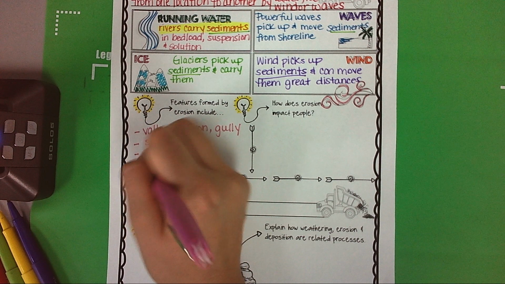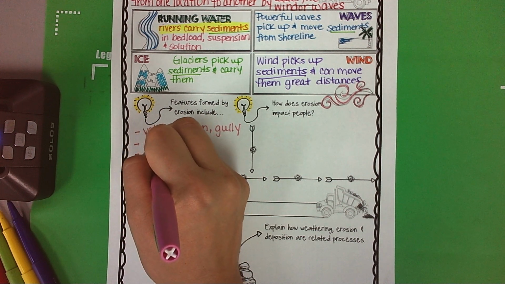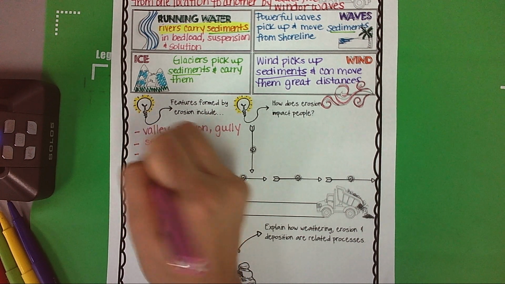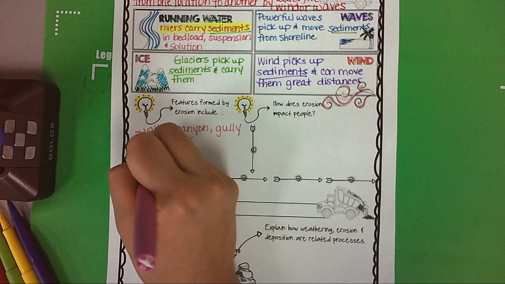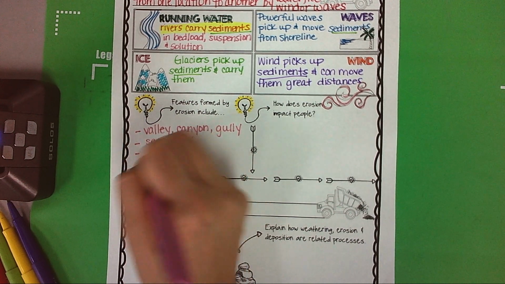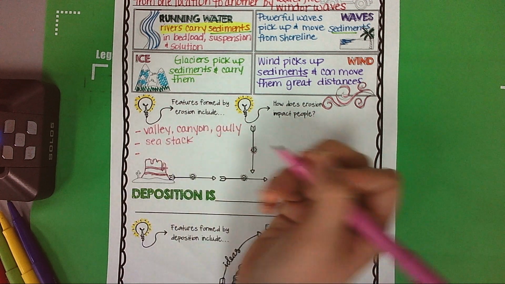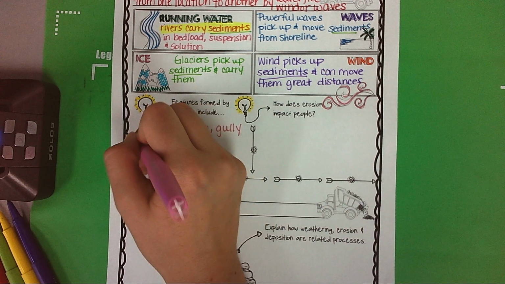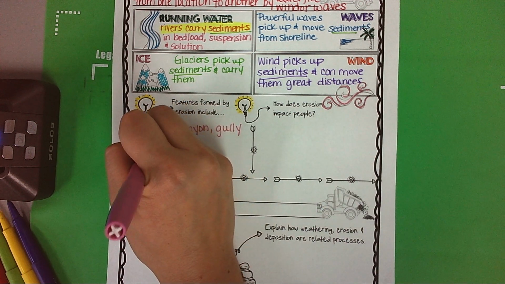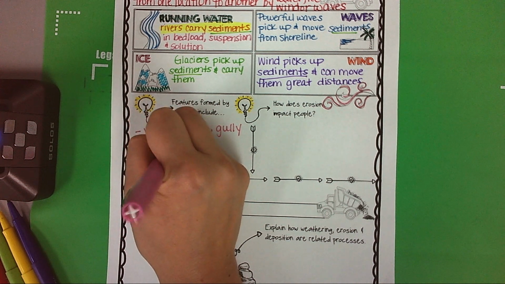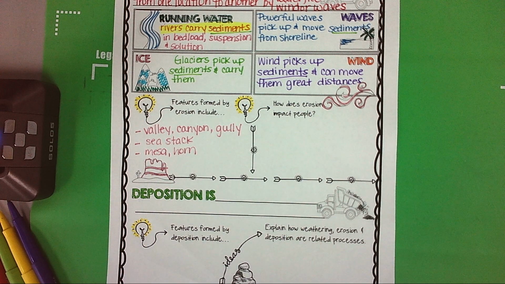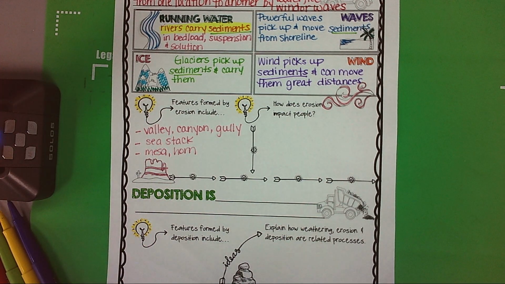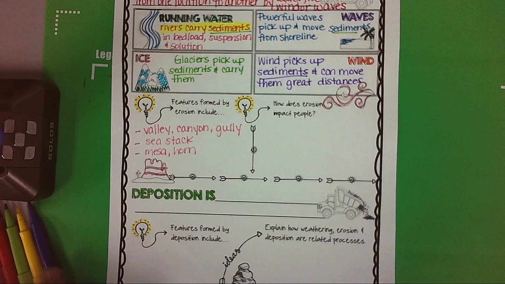Think about this picture right here. You can see all these layers. That means that rock has been moved and then it's just sitting there. Okay, so there's some different things. A mesa. There's something called a horn. These are just different names of landforms.